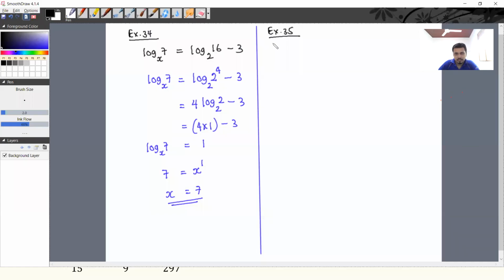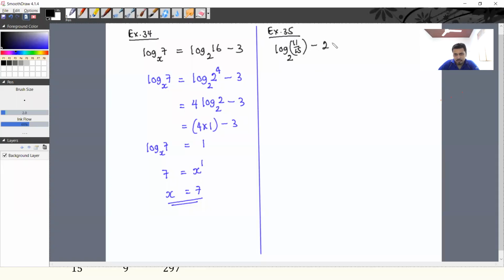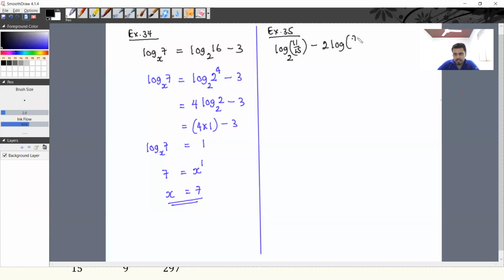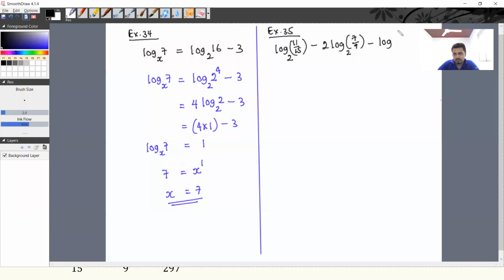Log of 11 over 15 to the base 2 minus 2 into log of 7 over 9 to the base 2 minus log of 490 over 297 to the base 2.